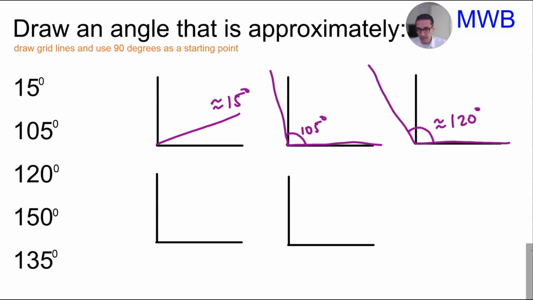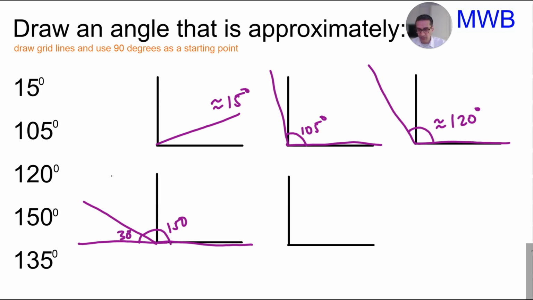We've got 150 degrees, so 150 is going to be roughly around here. Another way to think of it is if we were to draw this line all the way across, I know that to make a straight angle, that would have to be around 30 degrees.